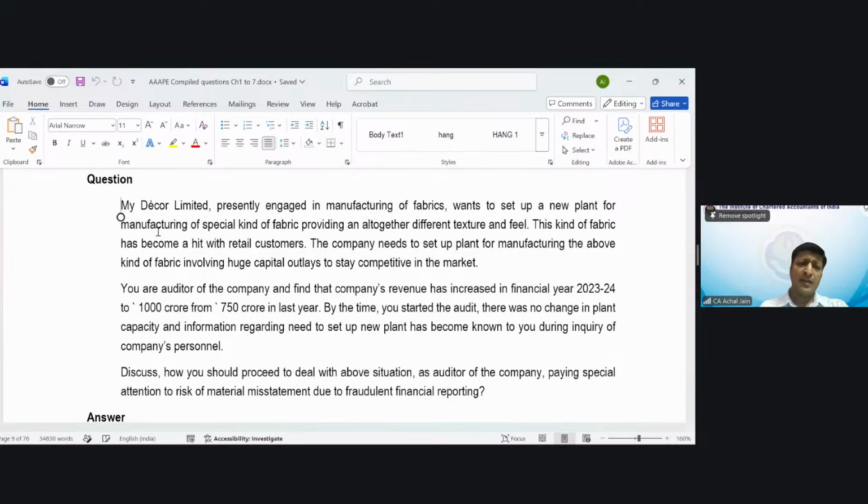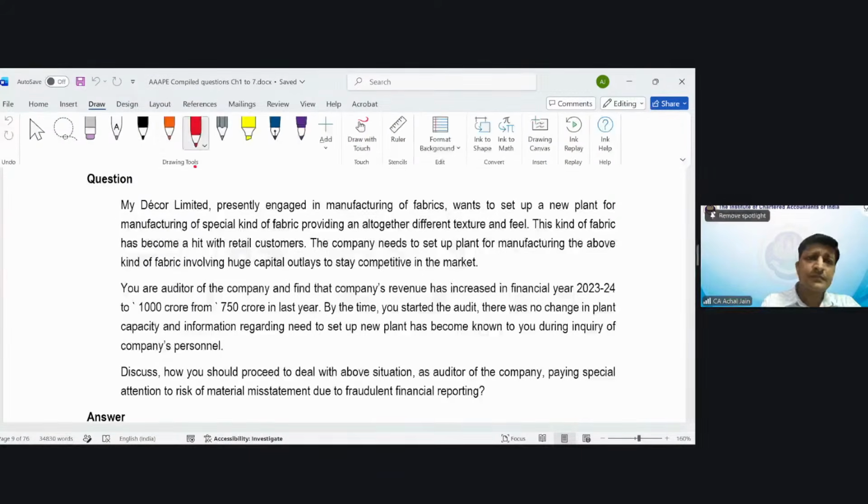So basically, we are talking about a company which is into manufacturing of fabrics. Company needs to set up plant for manufacturing the above kind of fabric, involving huge capital outlays to stay competitive. So they are planning to come up with a new manufacturing facility.